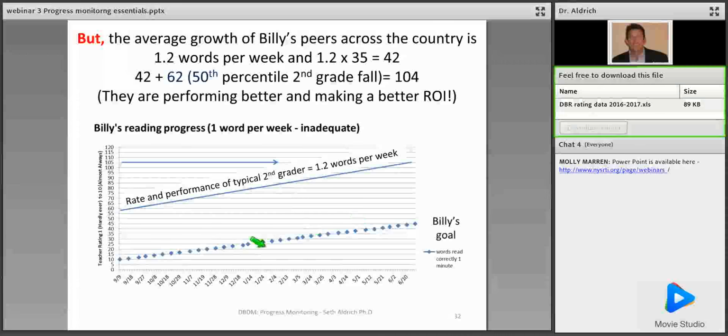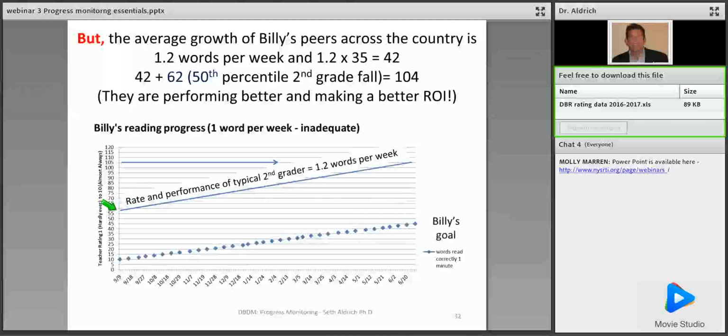Now, the problem with this 1 word a week is the typical rate we know from norms in AimsWeb that the typical second grader is making 1.2 words per week growth. The typical second grader starts out at 62 words a minute. That's 50th percentile for second grade, so we're here.